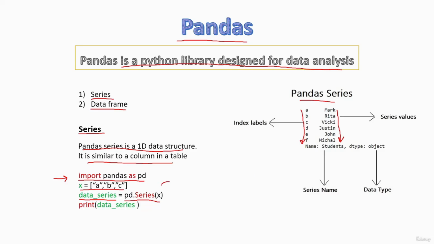Then I passed list X as an argument. Then it will create the Pandas series from that list. Then I have typed print data series. It will print the series. So the output will be A, B, C. Then the indexes are 0, 1, 2.